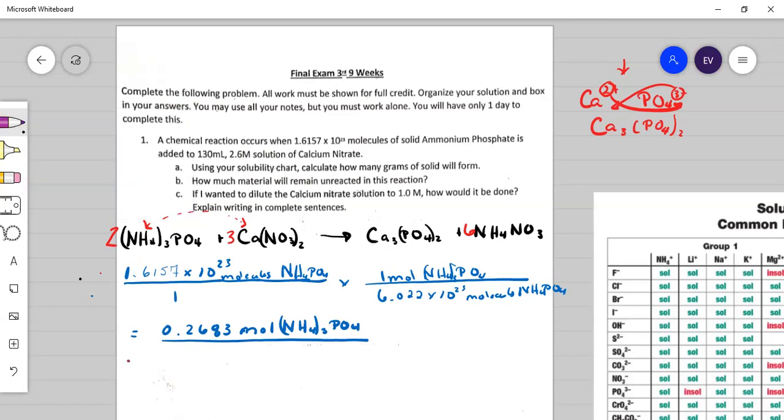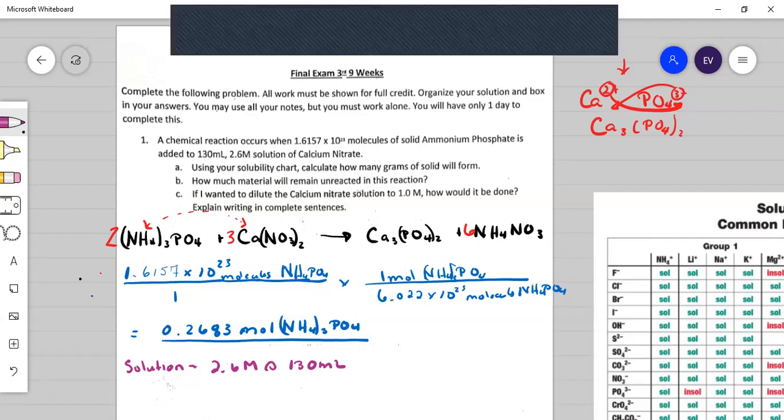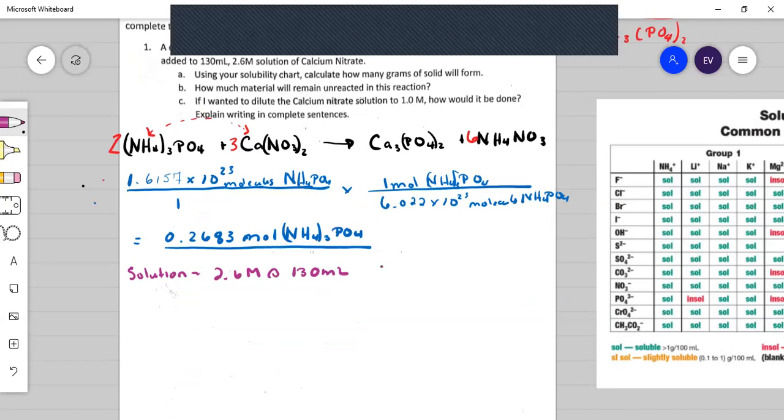Okay, next thing I need to convert into moles is my calcium nitrate. So I have a solution that is 2.6 molar, at 130 milliliters. In order for me to convert this to moles, I know I'm going to need the molarity formula.